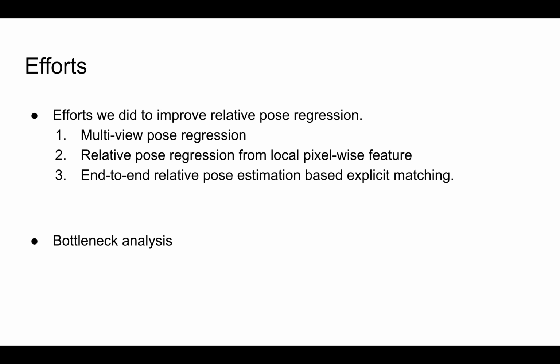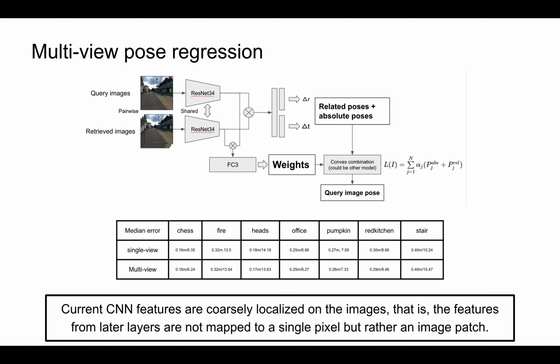Now we introduce some efforts we did to improve the relative pose estimation. First, we tried multi-view pose regression based on the features of the query image to multiple reference images. However, the improvement of the result is very small and still not comparable with the classical method.